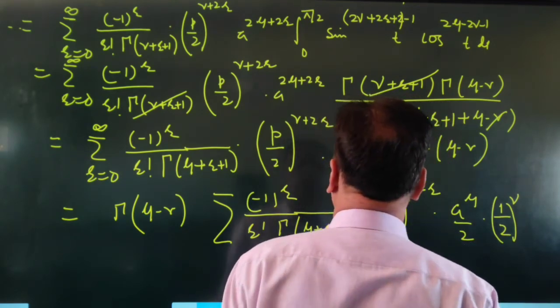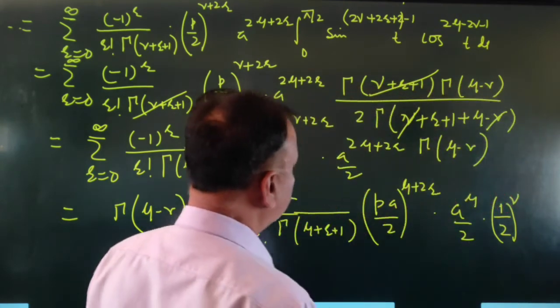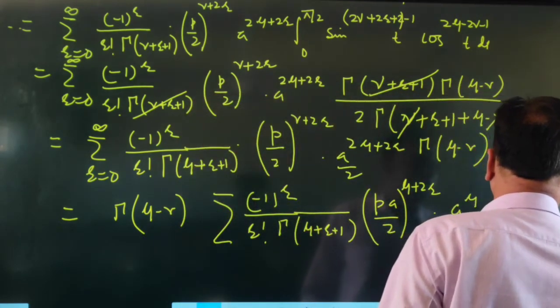Here we have taken a raised to 2 raised to mu, also 1 upon 2 raised to mu, so 1 upon 2 raised to minus mu.